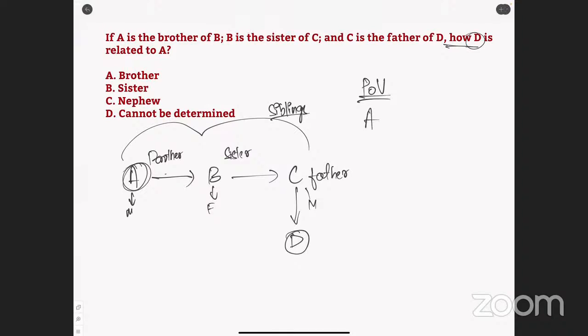Okay, so now because how D is related to A, they say, in this case, can we say A has a brother C and that brother has a son named D? Can we say that?